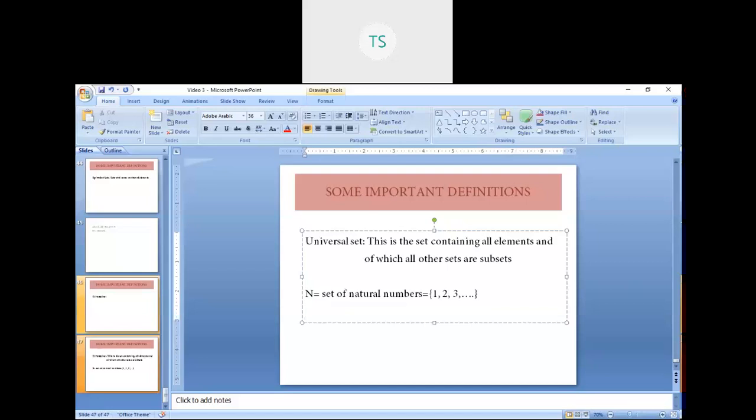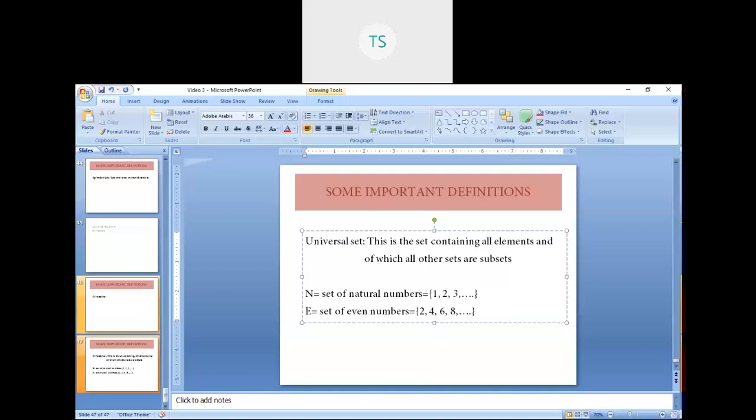Then suppose capital E is the set of even numbers, and the elements are 2, 4, 6, 8, and so on.